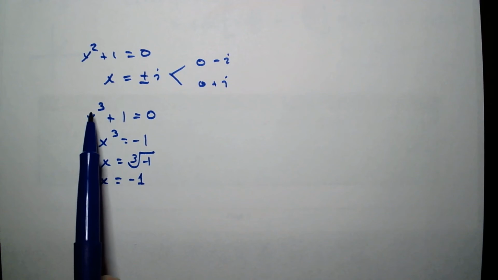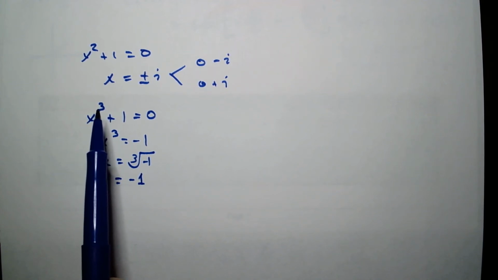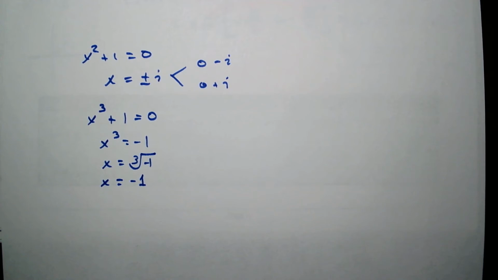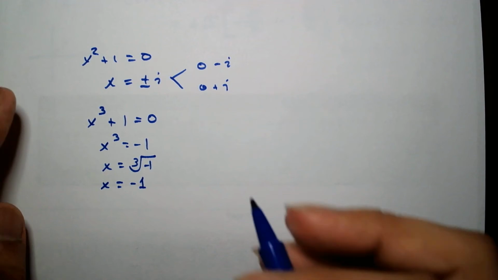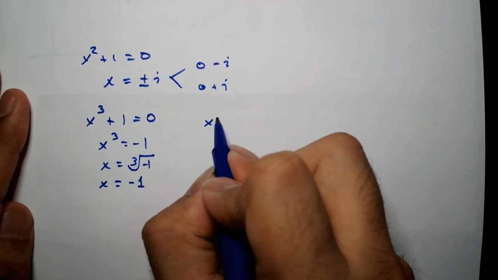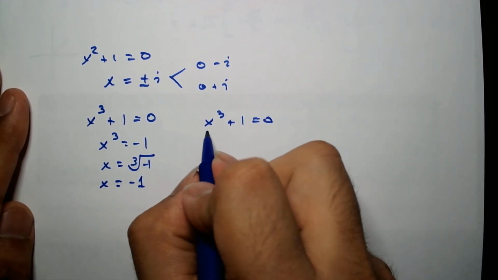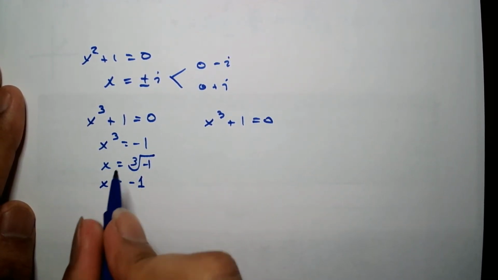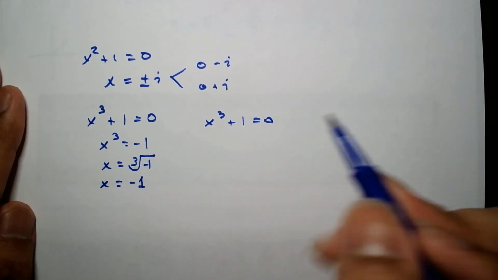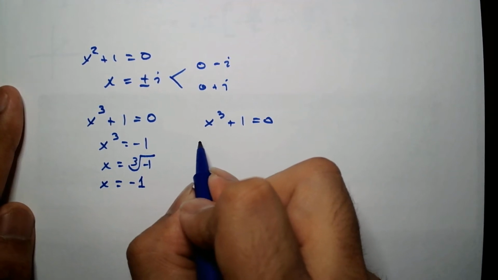The degree of the equation is 3, however, we have only one solution. What about the other solutions? So this is why I would go about it a different way. x cubed plus 1 equals 0. Instead of using the general root property, I would factor this as a sum of cubes.